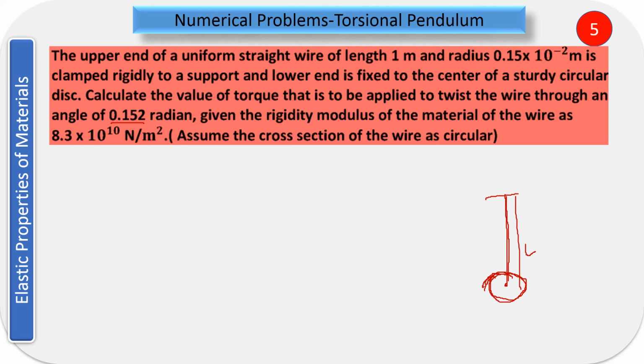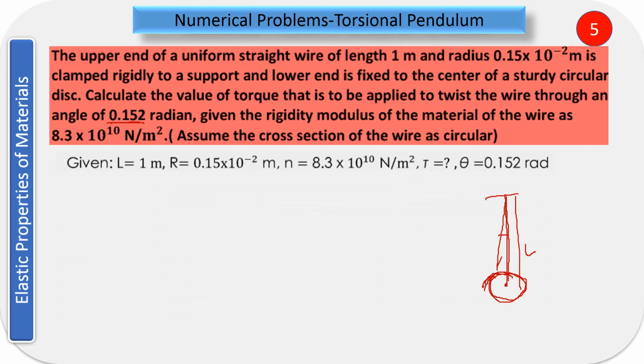How much? Calculate the value of the torque that is applied to twist the wire through an angle of 0.152 radian. So now this wire should be twisted by the value of theta, theta is equal to 0.152 radian, and then what is the torque that is required to twist by this value of the angle. So this is what the problem says.